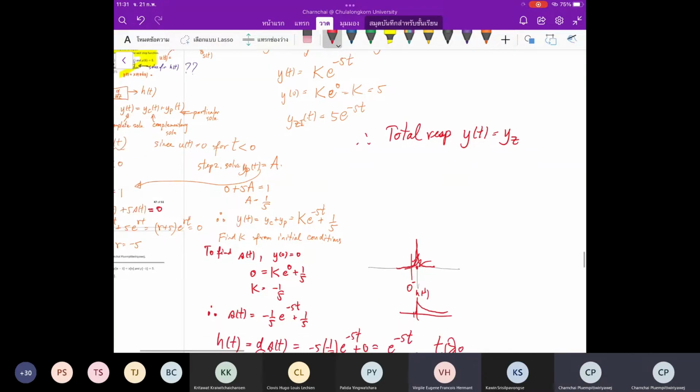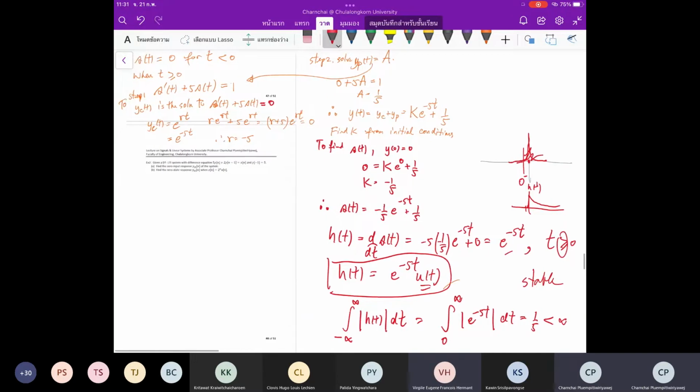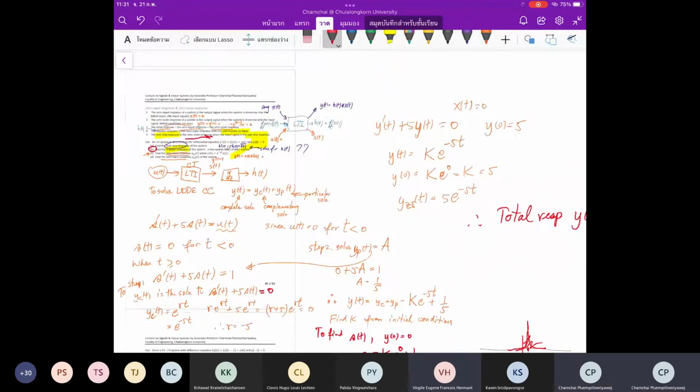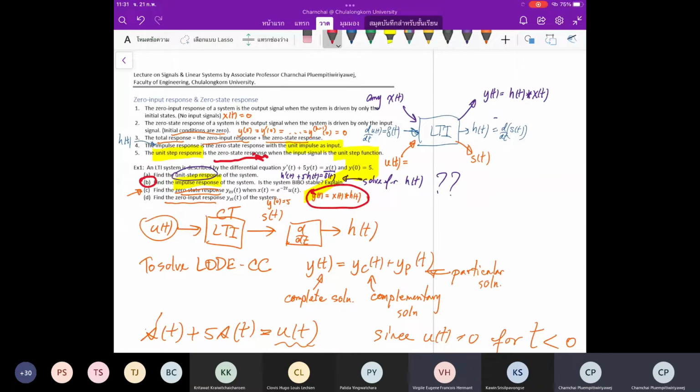Maybe we should do it differently. We could do convolution at these steps. Here at this step you want the zero state response, and then you do convolutions, which is going to be hard. You could solve it classically, by classical methods.